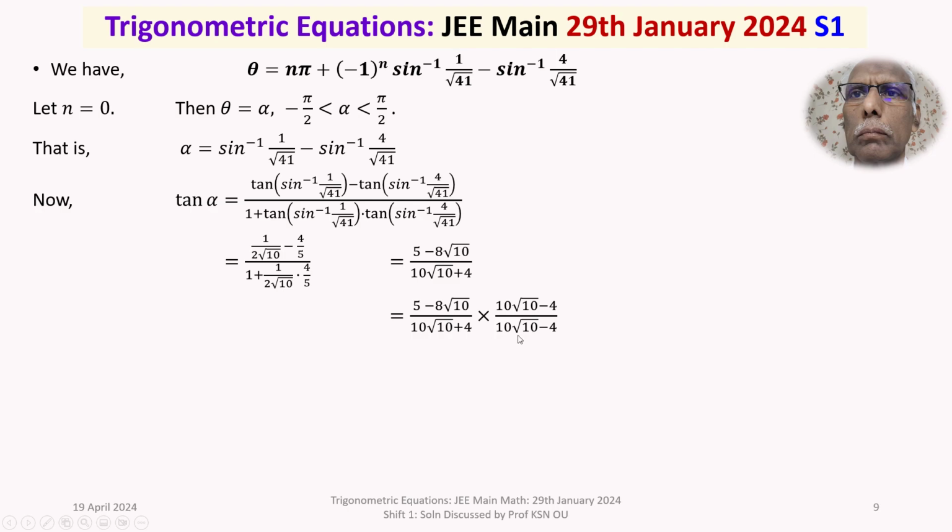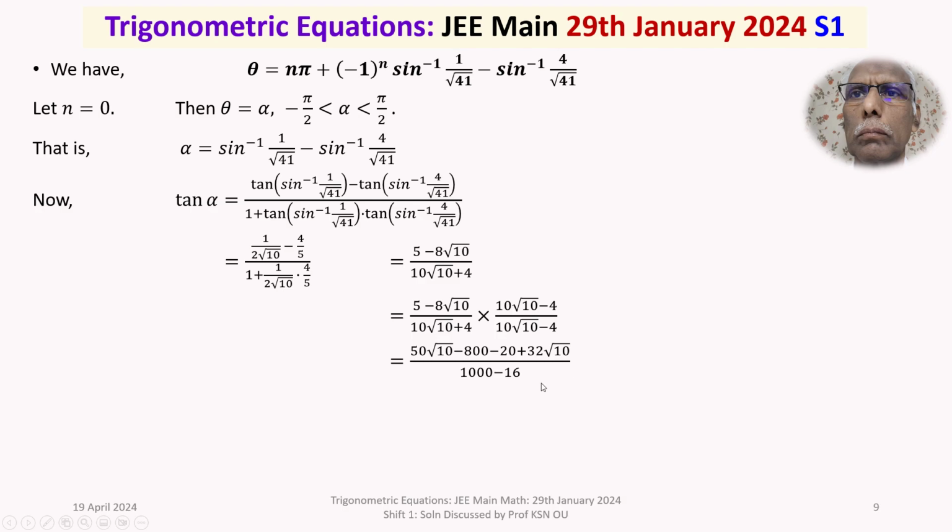Then when you multiply, the denominator will be 1000 minus 16, that is 984. And in the numerator, 50 root 10 minus 8 root 10 into 10 root 10 is 800, minus 20, minus into minus plus, 4 8s are 32 root 10.